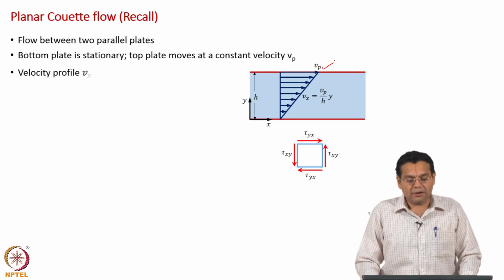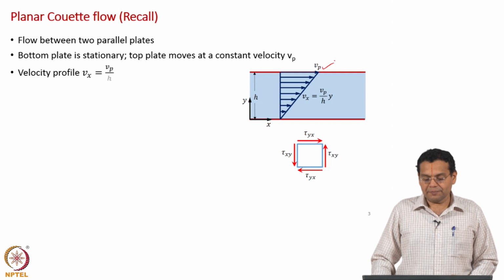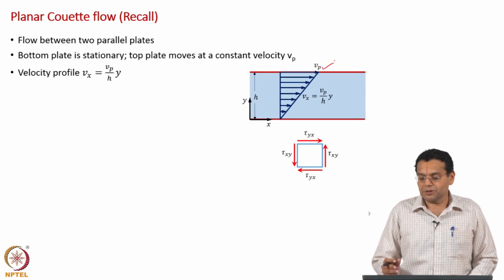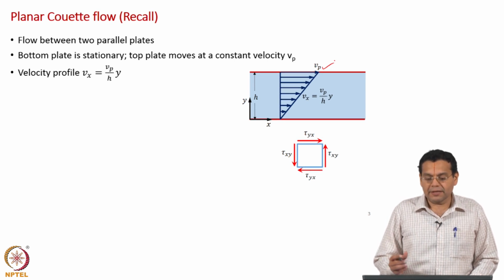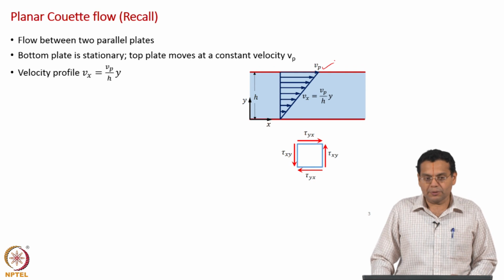We have derived the velocity profile using the Navier-Stokes equation. Now, we need not assume this profile. We derived the velocity profile to be linear, given by V_x is equal to V_p by h into y.